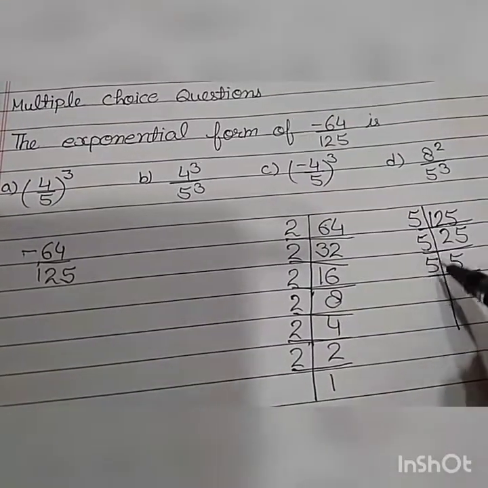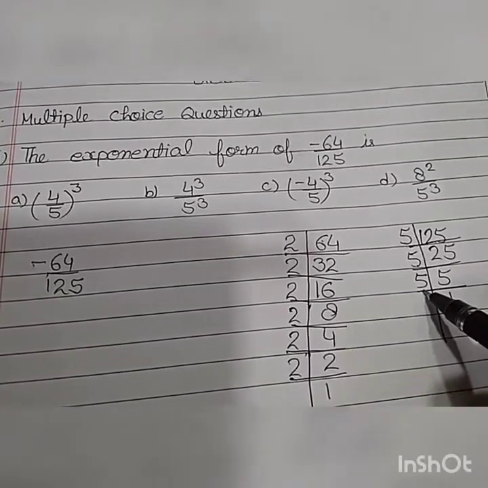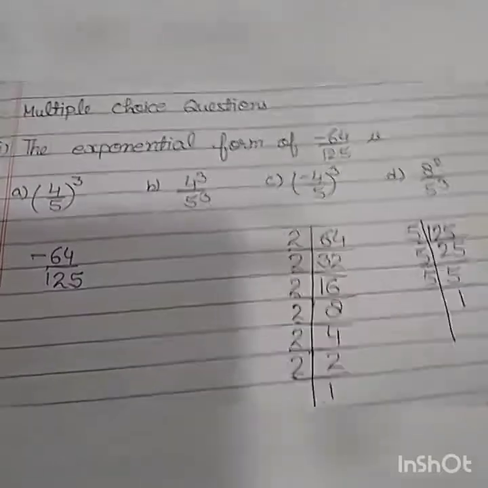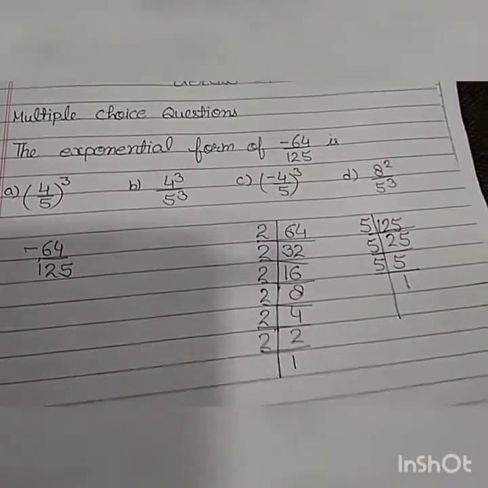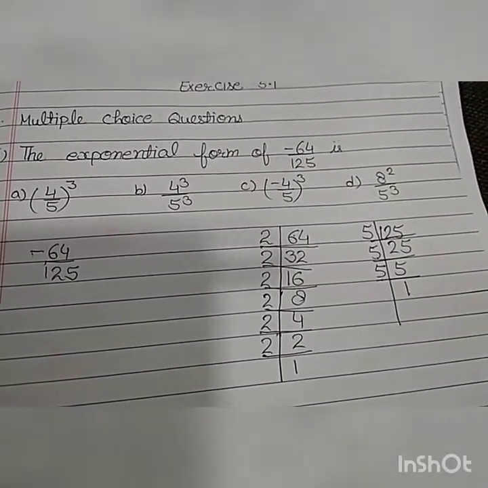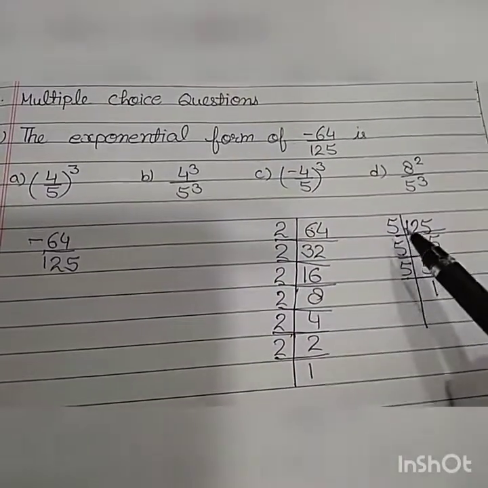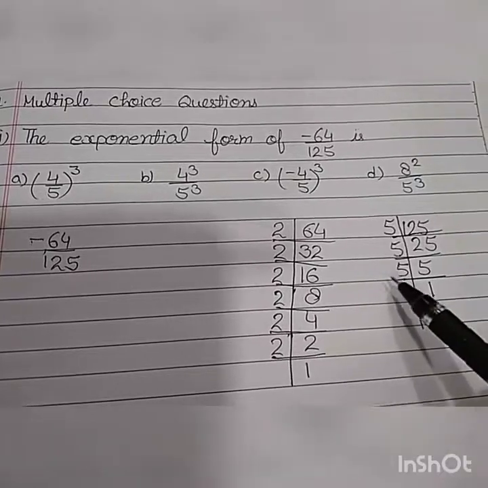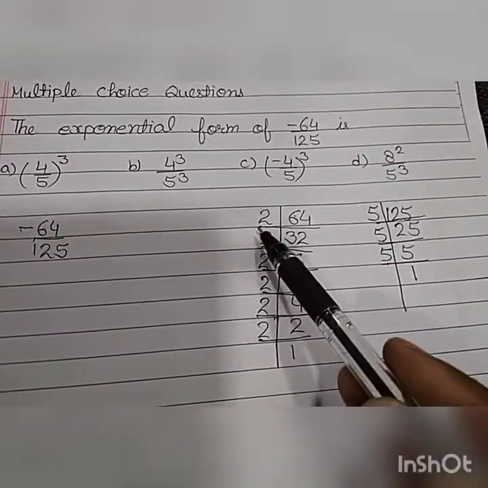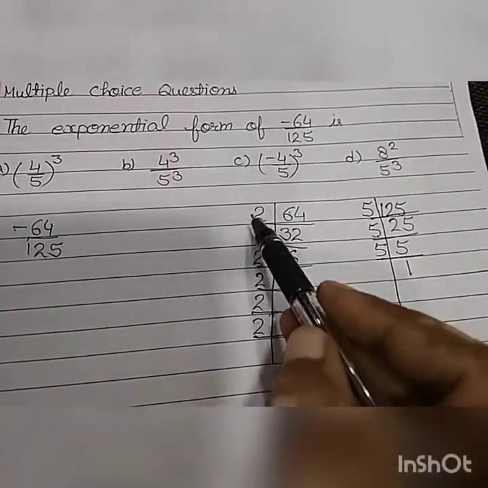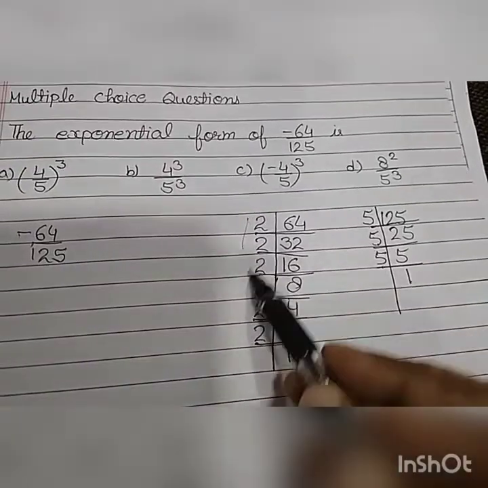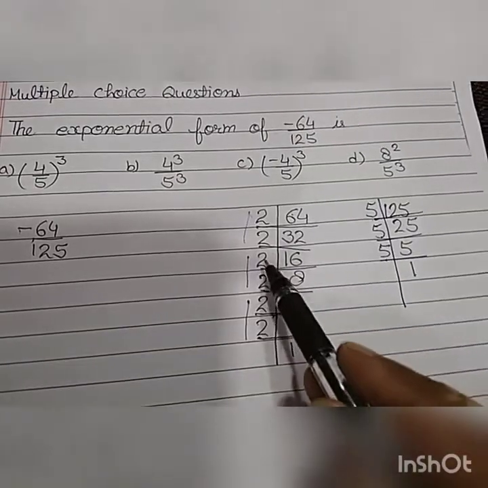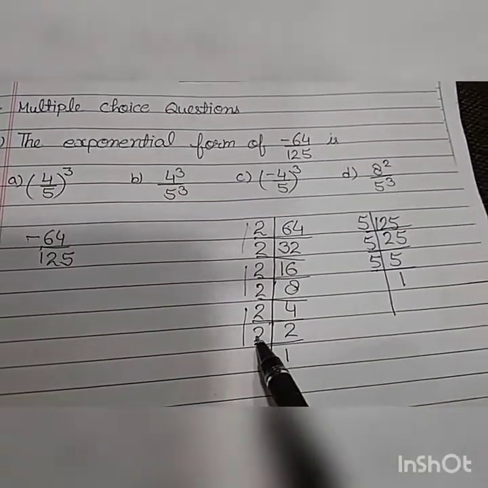Here 2 is repeating 3 times, so we have to take both the numbers. First we have to compare which power is coming less. So we will write here 5, 3 times, so 5 power 3. We have to convert this number in 3 sets. 2 2s are 4, 2 2s are 4 and 2 2s are 4.